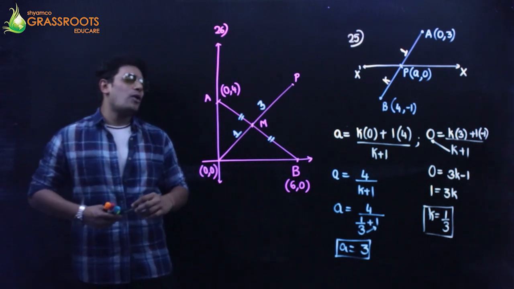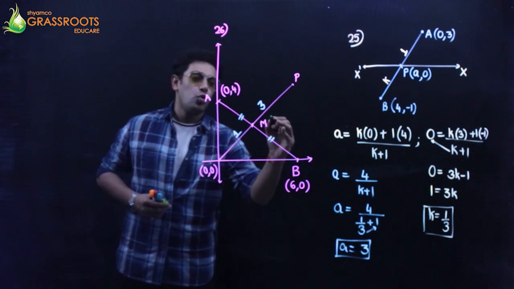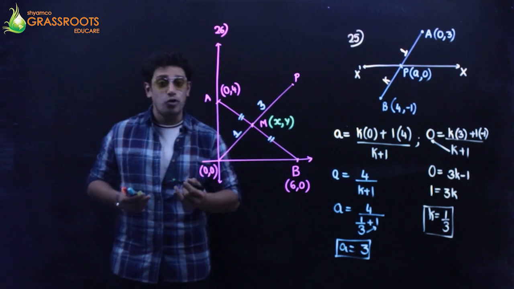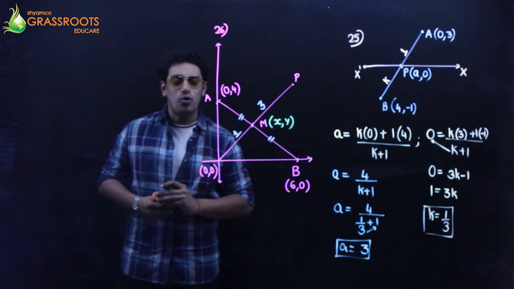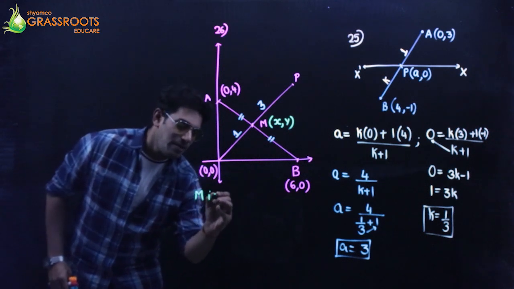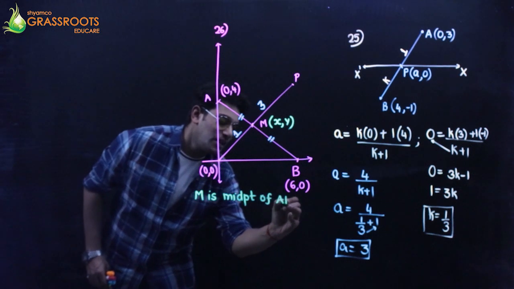The length of BP. Nice but simple question, a typical board question. Now I can start this way. M is the midpoint of AB. So can we use the midpoint formula and find the coordinates of M? So I can say M is the midpoint of line segment AB.